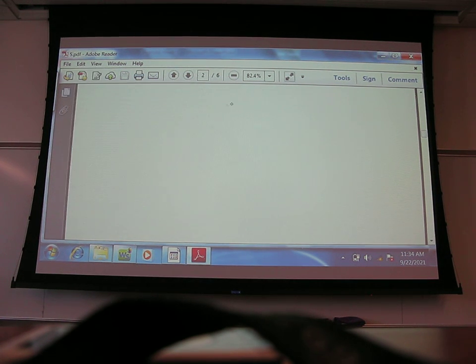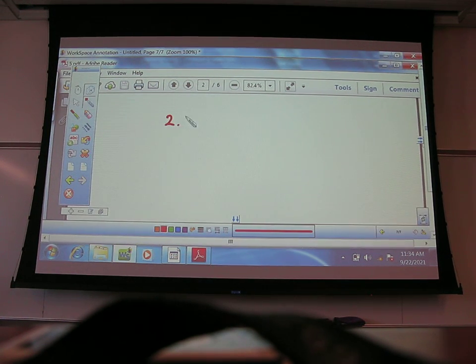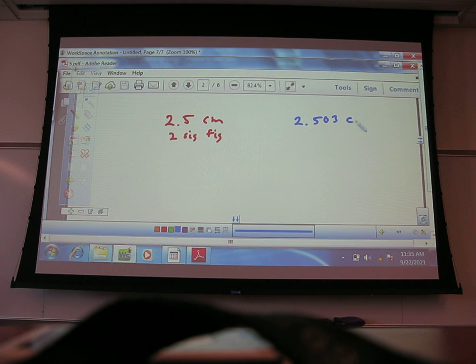I call them sig figs. Whereas something like 2.503 centimeters would have, anybody want to guess how many significant digits this one has? 4. Yeah, 4 sig figs.